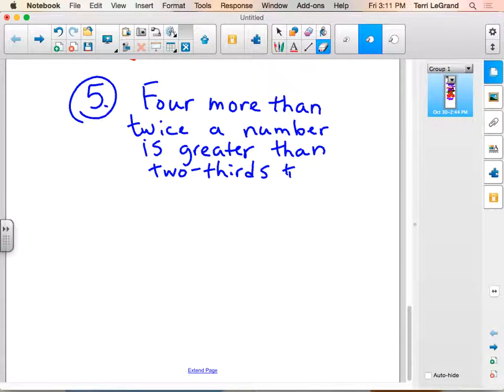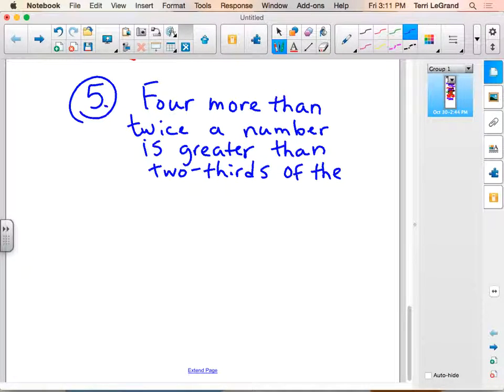Write down the word statement first, and then replace that with an algebraic statement. There are keywords in there that will help you decide what those words can be replaced with.